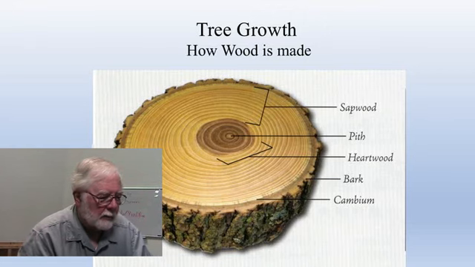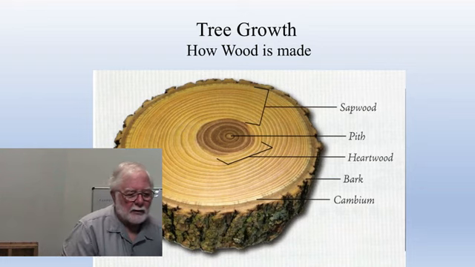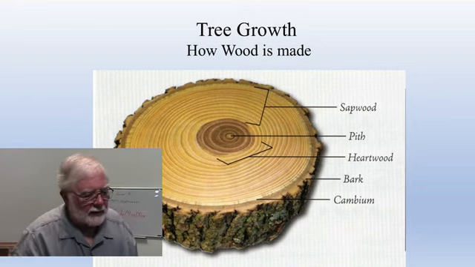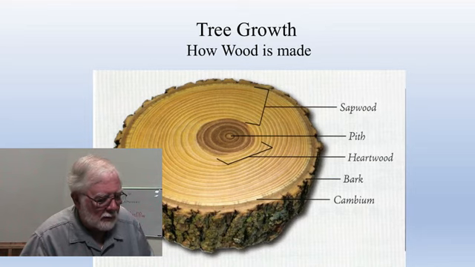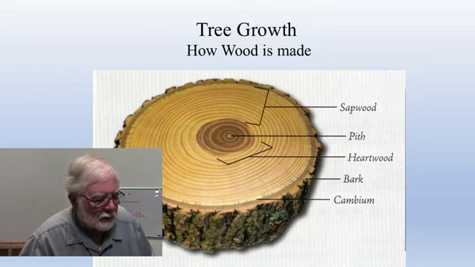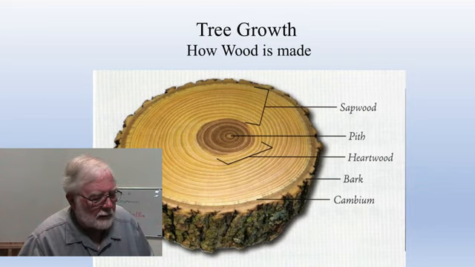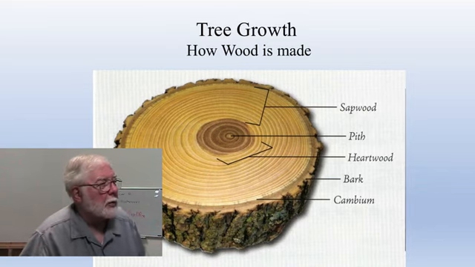Okay, this is a kind of a recap. You know basically how a tree grows. From the middle is the pith that gets it going. It could be several years just making that pith, and then this dark part, heartwood, is not growing anymore.